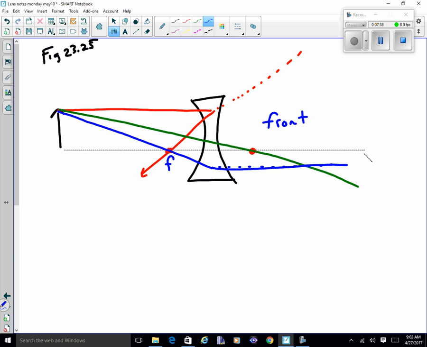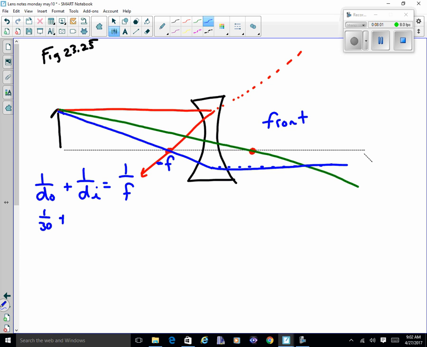So our formula is going to be a little bit different when we start figuring out what these object and image distances are. We're going to put in the same exact formula, but watch what we do to the focal length. I'm going to do the same numbers as we had before. So I'm going to put in an object distance of 30. The image distance is what we're trying to find.